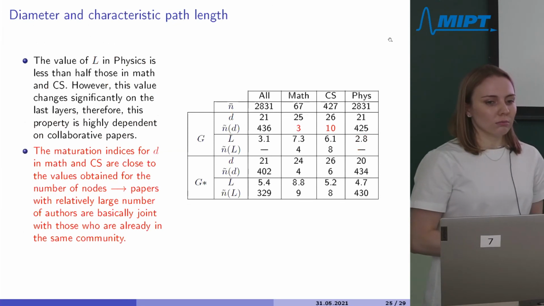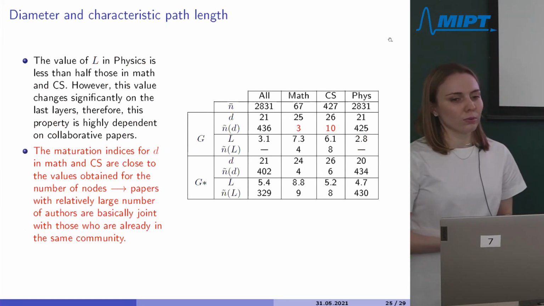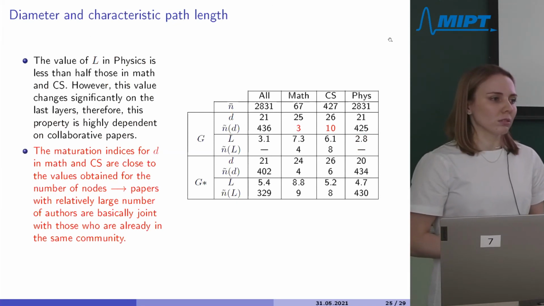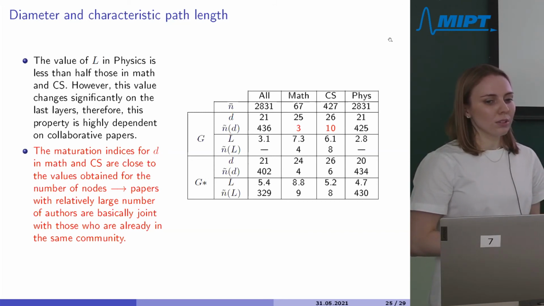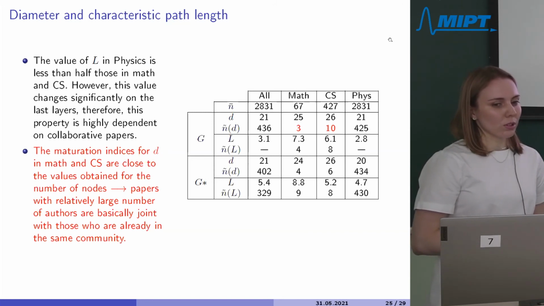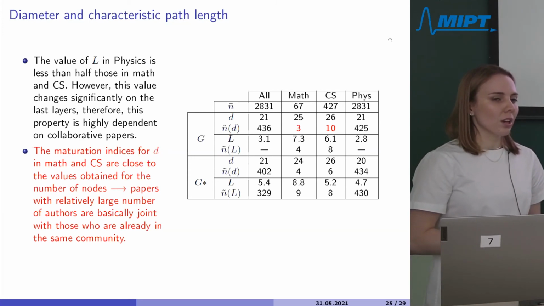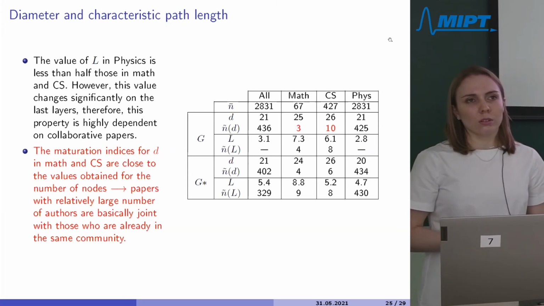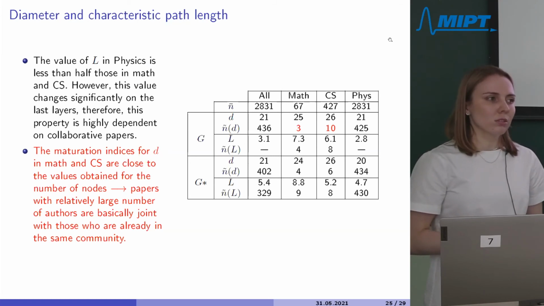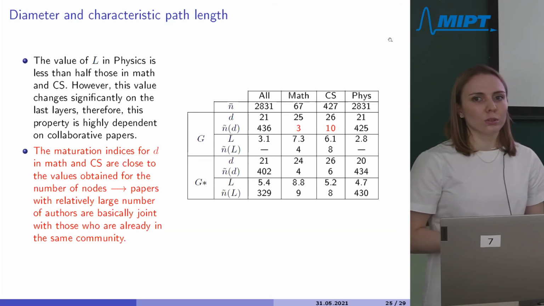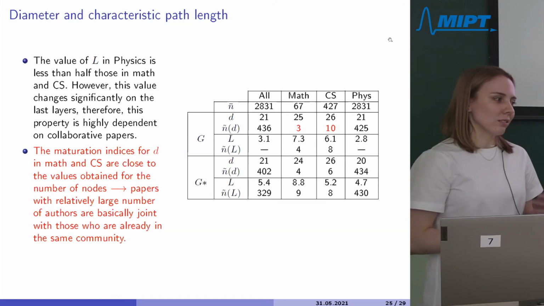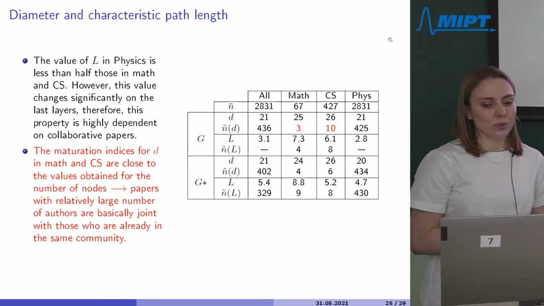Then maturation indexes for diameter and math are close to the values obtained for the number of nodes, and therefore we can say that in these fields, large collaborations are mostly formed around people who already worked in smaller groups.